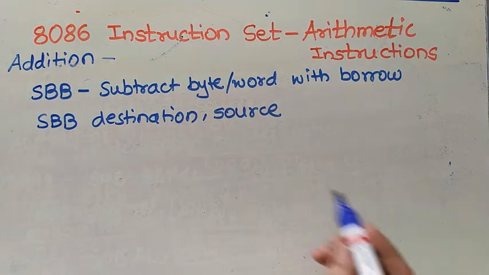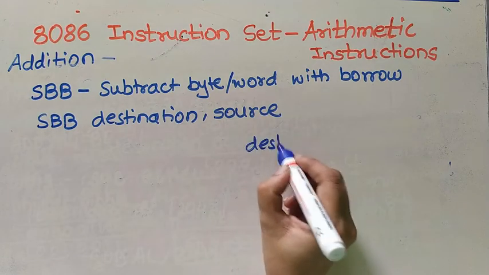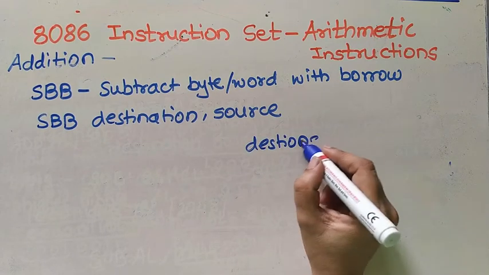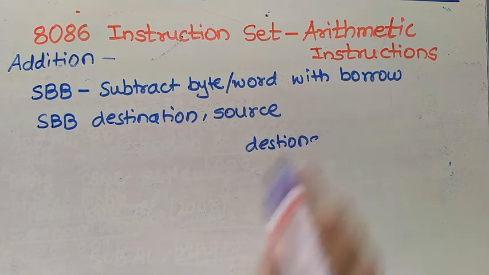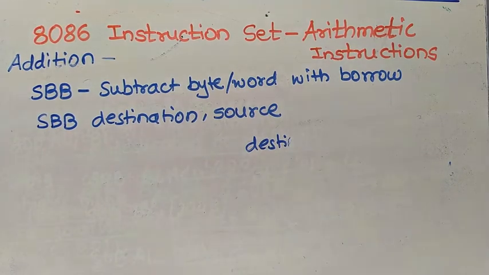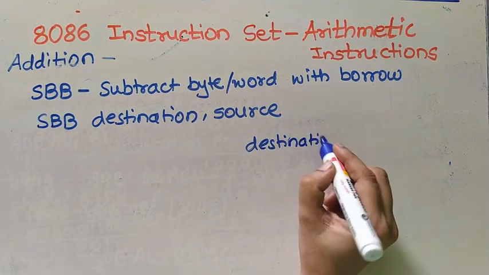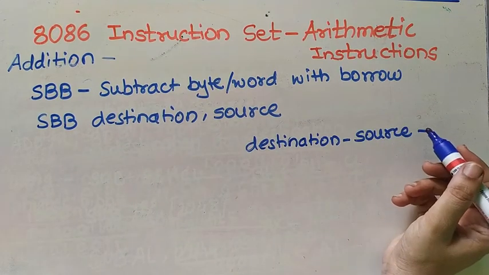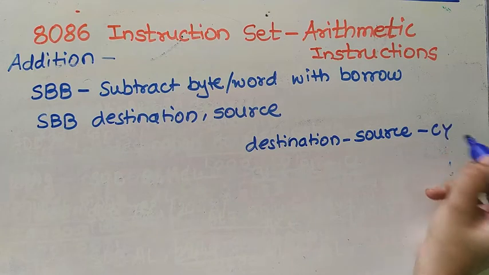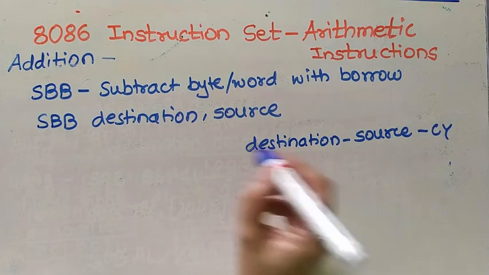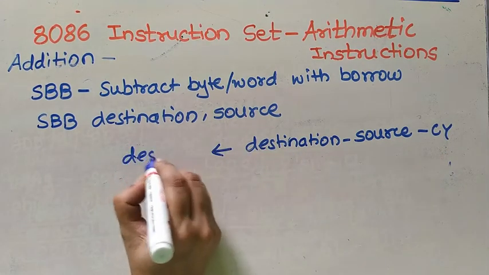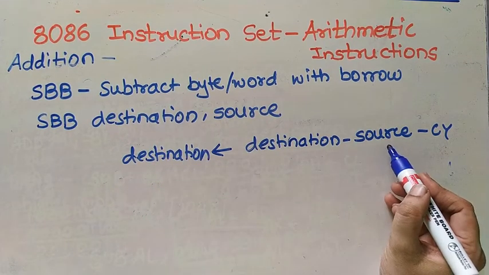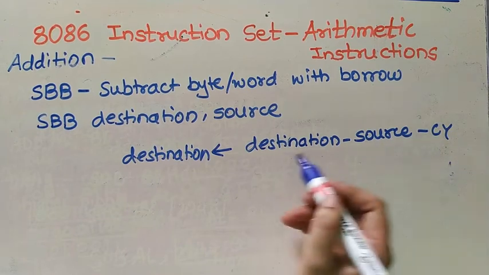So what happens here: destination minus source, and along with that the borrow is considered, and the result is stored back into the destination. That means the contents of source and carry are subtracted from the destination.